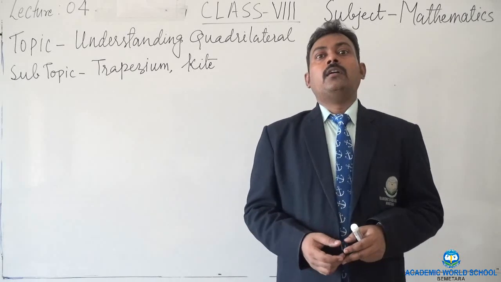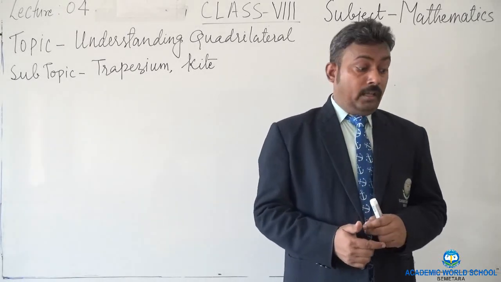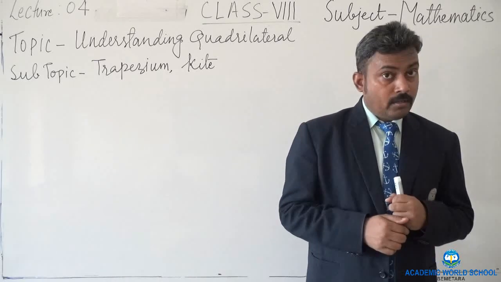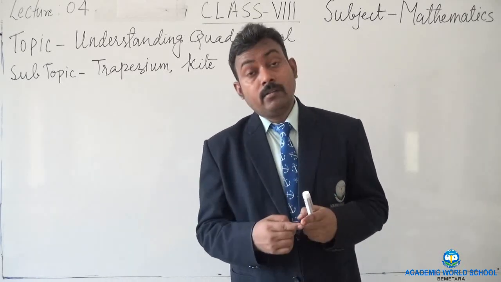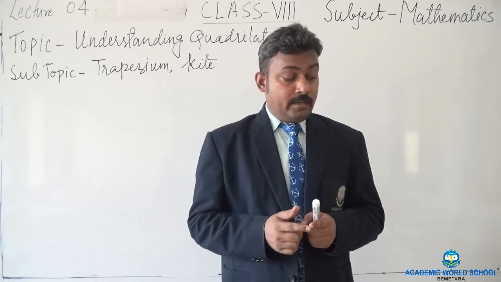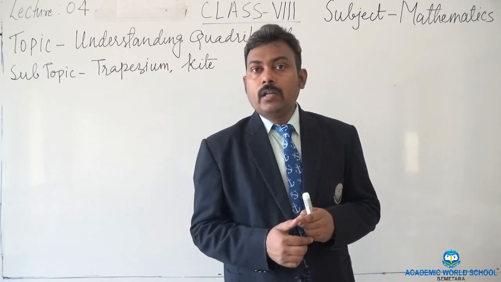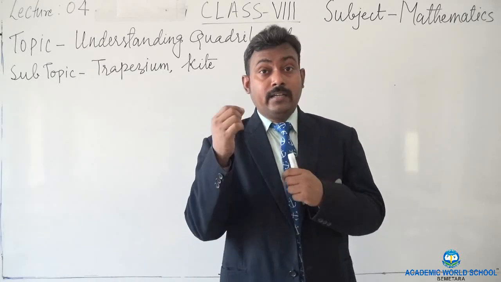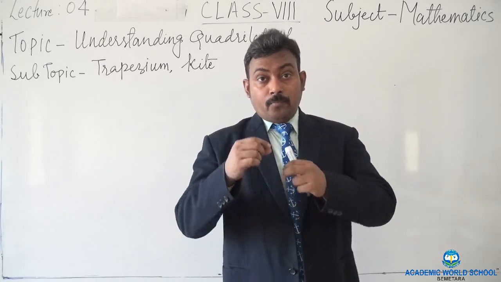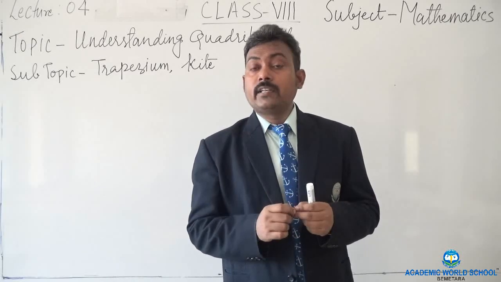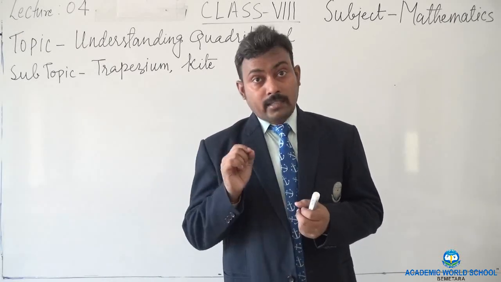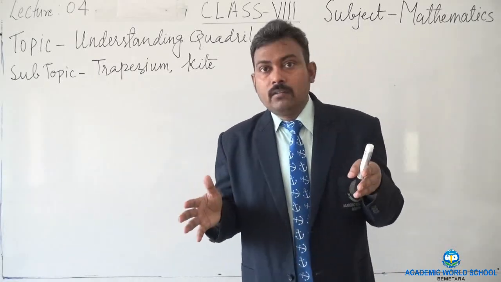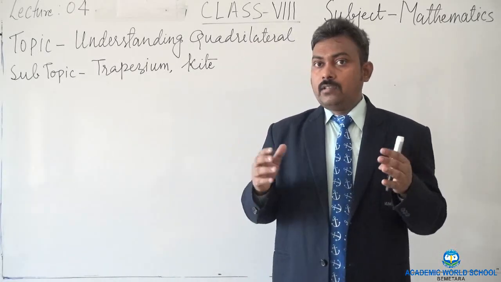In the case of a rhombus, the diagonals bisect each other perpendicularly, meaning at the point of intersection they make equal angles, and their divisions are equal.